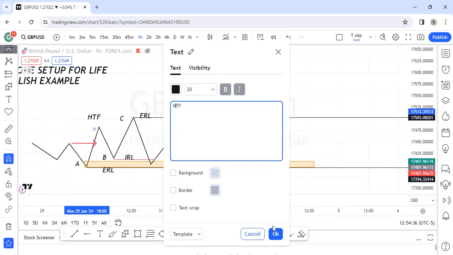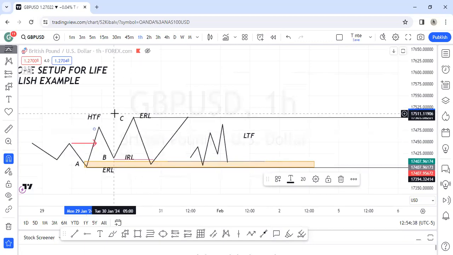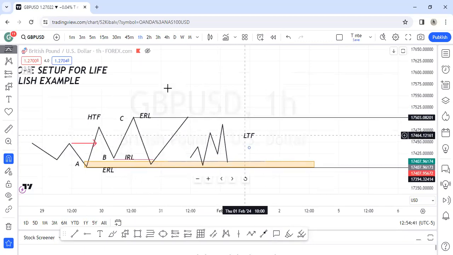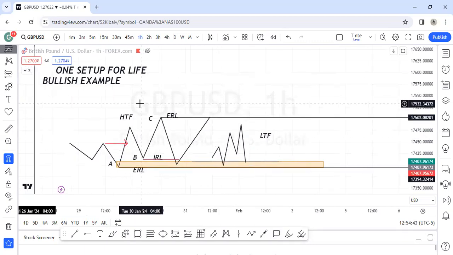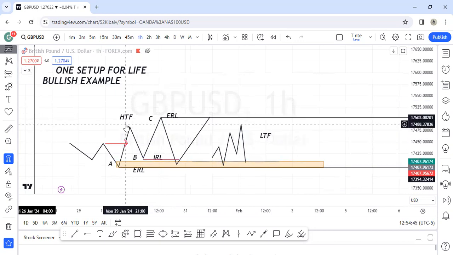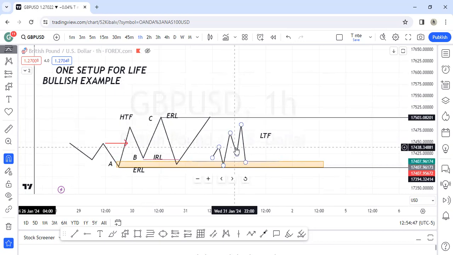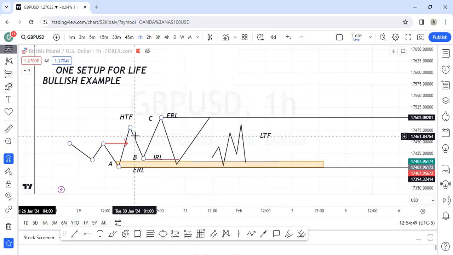So the higher time frame and the lower time frame have the same setup, the same model. Use it for your higher time frame confirmation and then your lower time frame entry. The same ABC internal liquidity model.